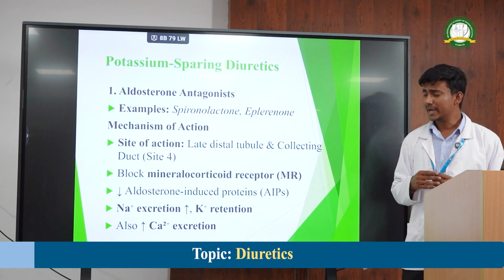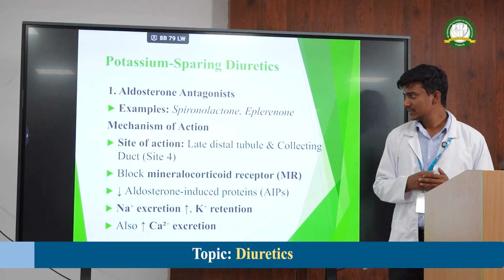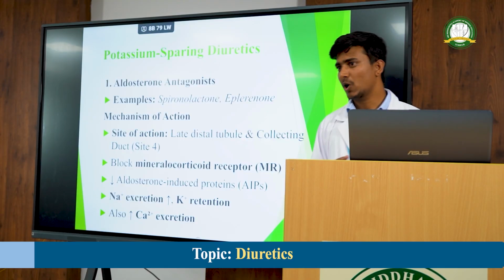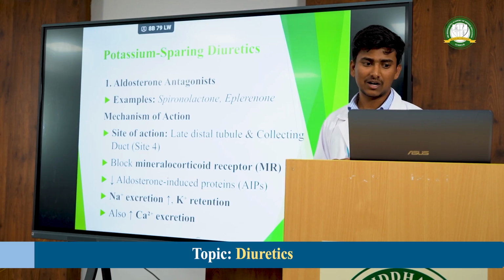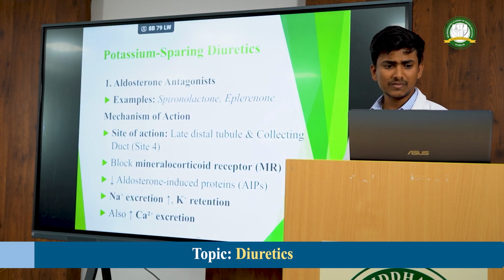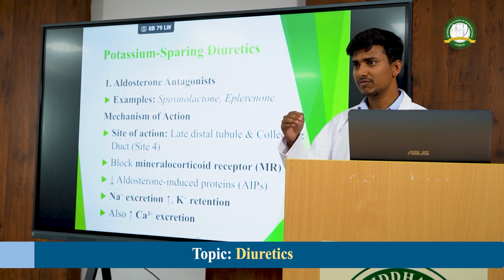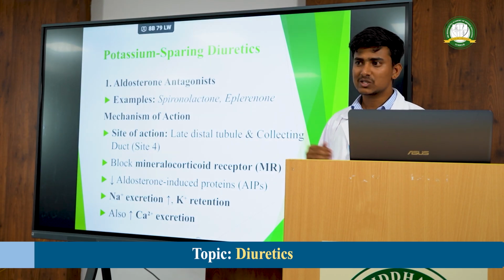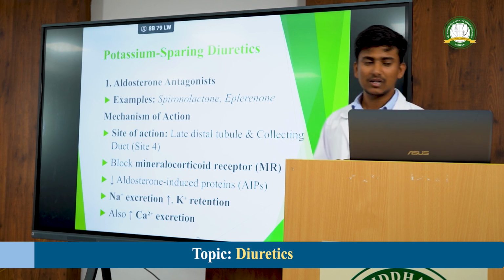Mechanism of action: they mainly act on the late distal tubules and collecting duct, and they block the mineralocorticoid receptors, which decreases aldosterone induced proteins, which causes sodium excretion and retention of potassium, and also causes increased excretion of calcium.